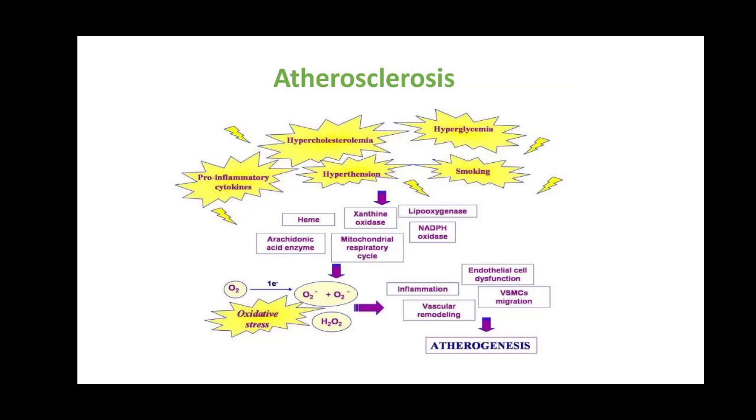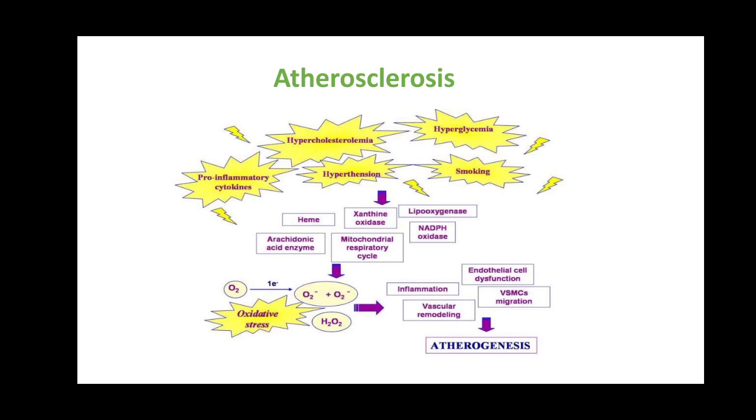So we'll see atherosclerosis. Atherosclerosis is explained by oxidized LDL formation by the action of free radicals, which is readily taken up by the macrophages, which produces foam cells that accumulate beneath the endothelial layer of the arterial wall.